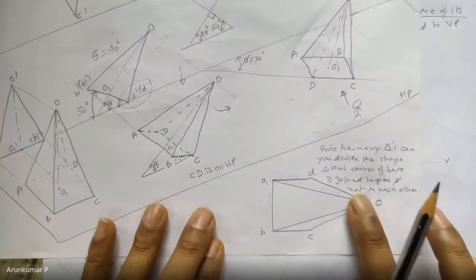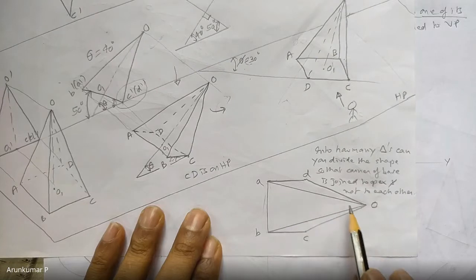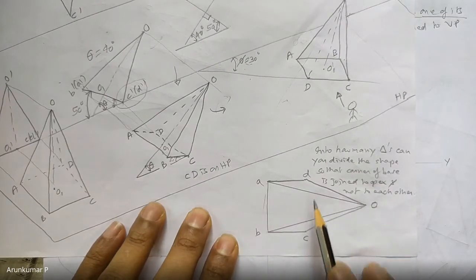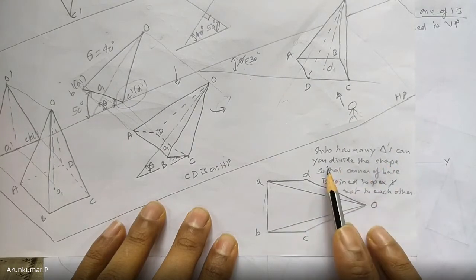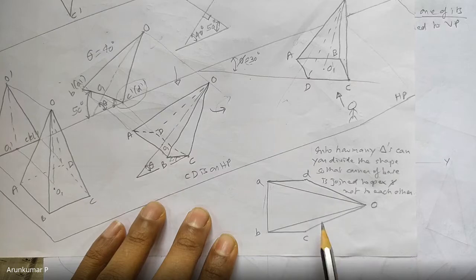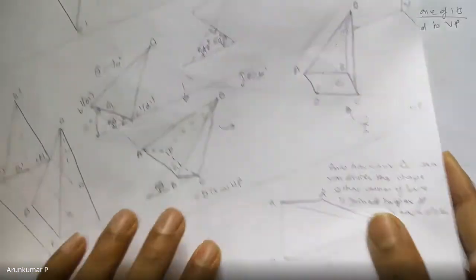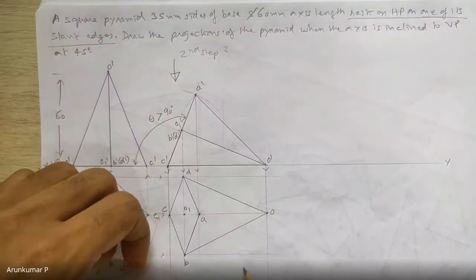In the top view or in the front view, if you want to find out how many triangular faces are seen, then you can apply this rule also. Into how many triangles can you divide the shape so that the corner of the base is joined to the apex and not to each other? In this case, we had joined O to A and O to B so that three triangular faces are seen. Now if you apply the same thing to this case, what I want to find out is this odd shape.